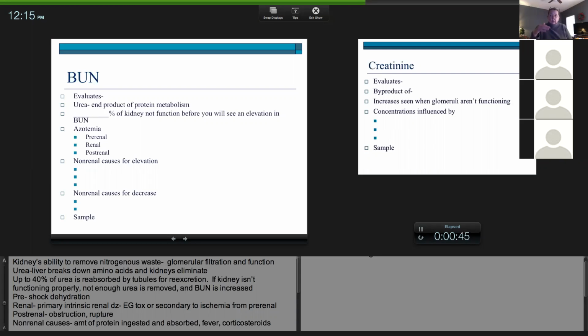So cellular metabolism, protein metabolism in the body, the waste product of that is going to be urea. The liver is going to break down amino acids for your protein metabolism, and then your kidneys are going to eliminate it.